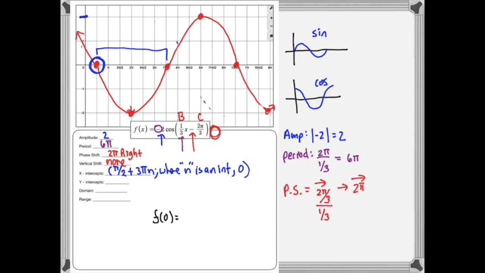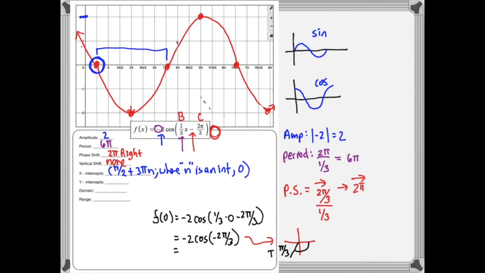So I got f of 0 equals -2 cosine of 1/3 times 0 minus 2 pi over 3, which is going to give me, okay, so putting these pieces together here, I have -2 cosine of -2 pi over 3, and I'm just showing some steps here, pi over 3, and it's in tangentville, so it's going to be negative, and so I know that the cosine of pi over 3 is going to be 1/2, but it's in tangentville, so it's -1/2, and so that's going to just give me a +1.